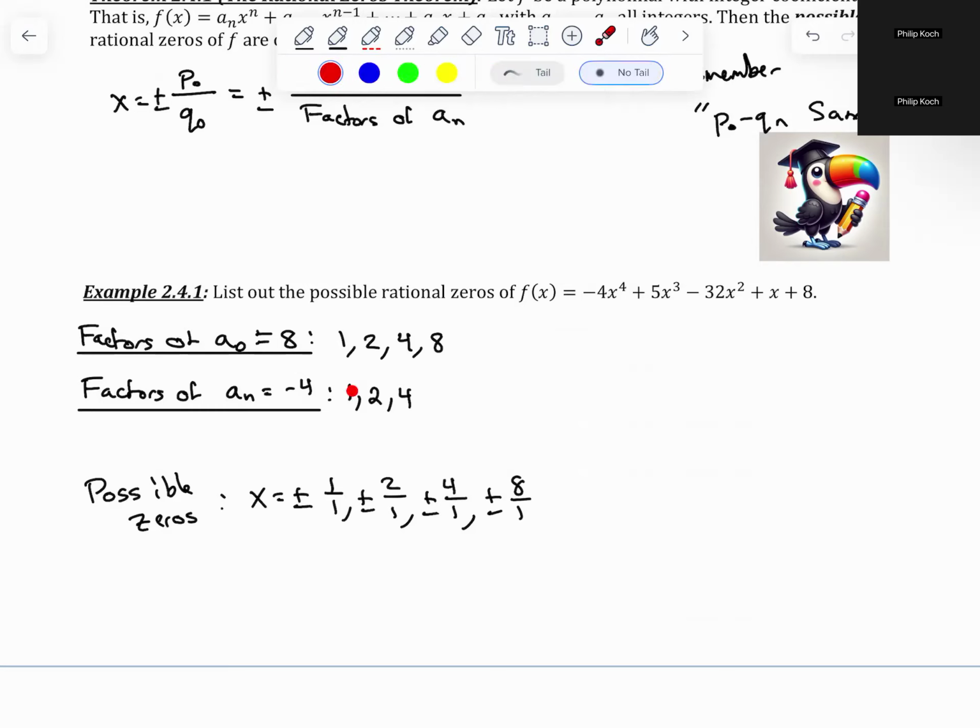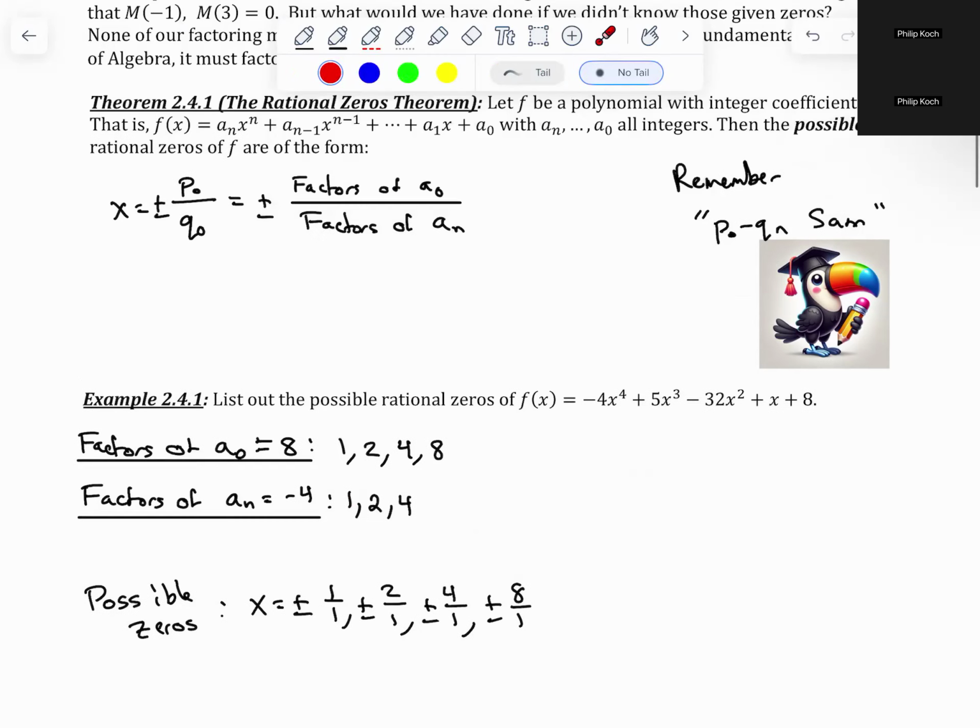I'm doing it so we see it in the format of the theorem, but yes, that's going to be plus or minus 1, 2, 4, and 8, because dividing by 1 doesn't do anything.